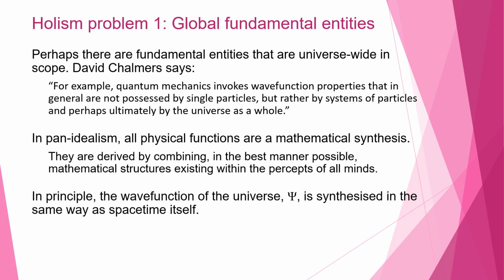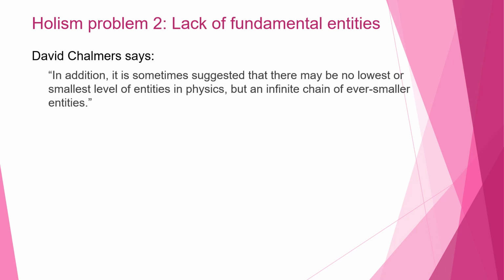In principle, the wave function of the universe, psi, is synthesized in the same way as space-time itself, although the process would be somewhat more complicated, as we only have very indirect access to psi. The second problem of holism is that fundamental entities might not exist.